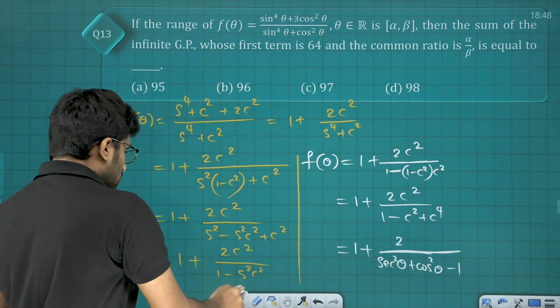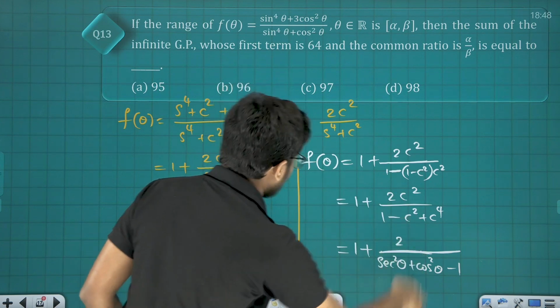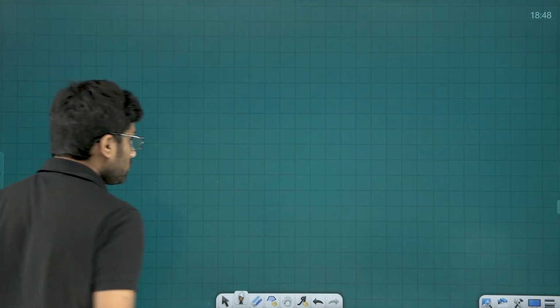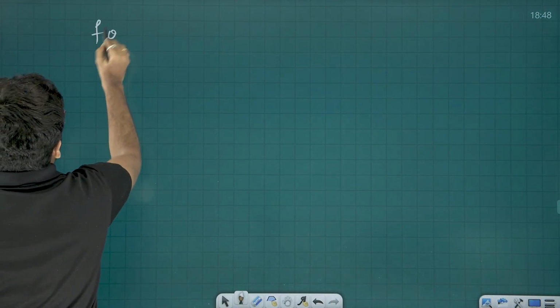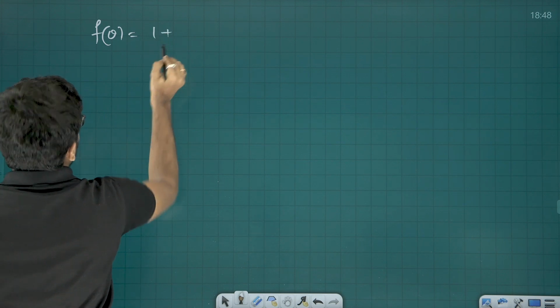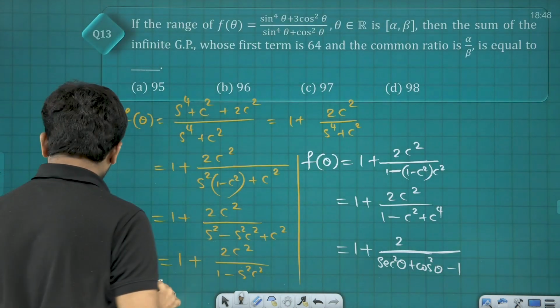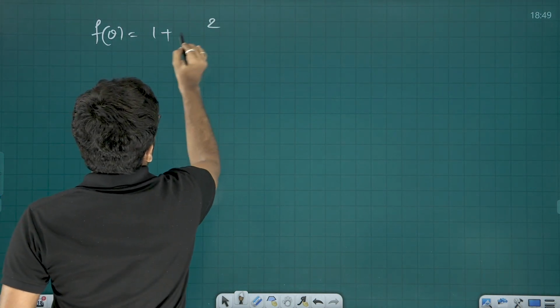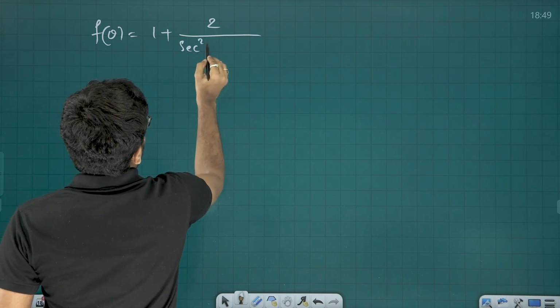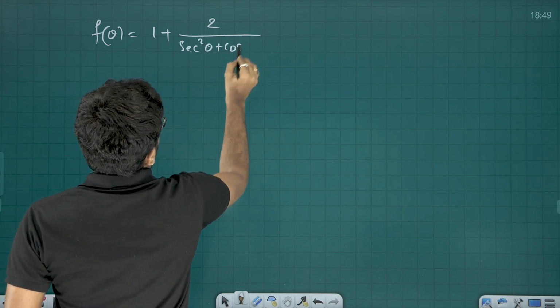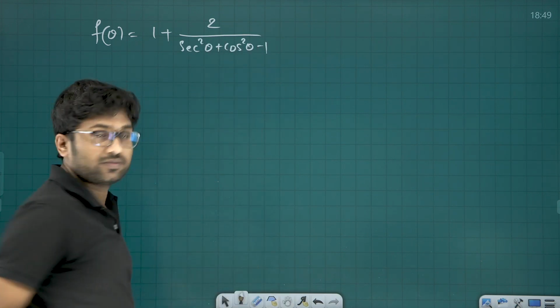Okay. So the most important expression is this one. Now what we have? f of theta is equal to 1 plus 2 divided by secant square theta plus cos square theta minus 1.